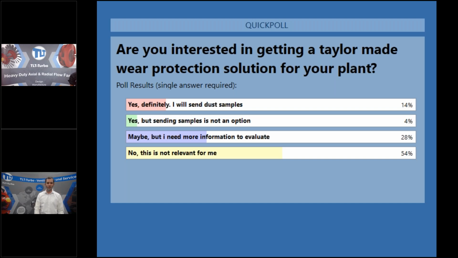That's no problem. Either you contact us, we will show a contact information slide at the end, or we also have your login data from the webinar, so we will contact you afterwards to see how we can help you even more. And for the other 50% who say, no, it's not relevant for me, well, it's our turn to convince you that it is relevant for you. Nevertheless, thank you for participating in the poll.